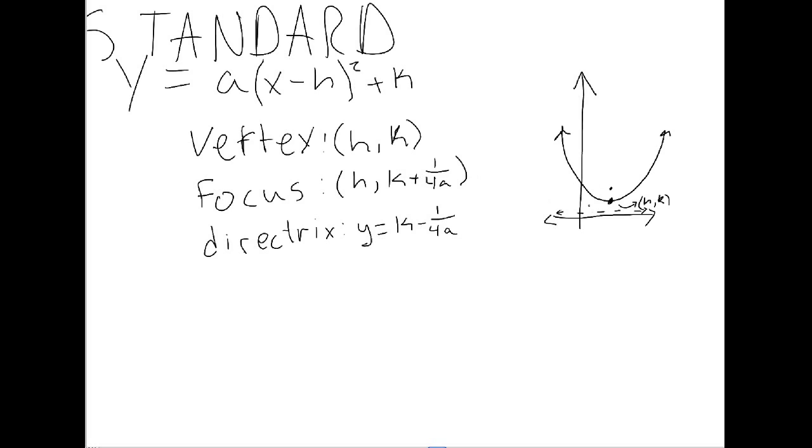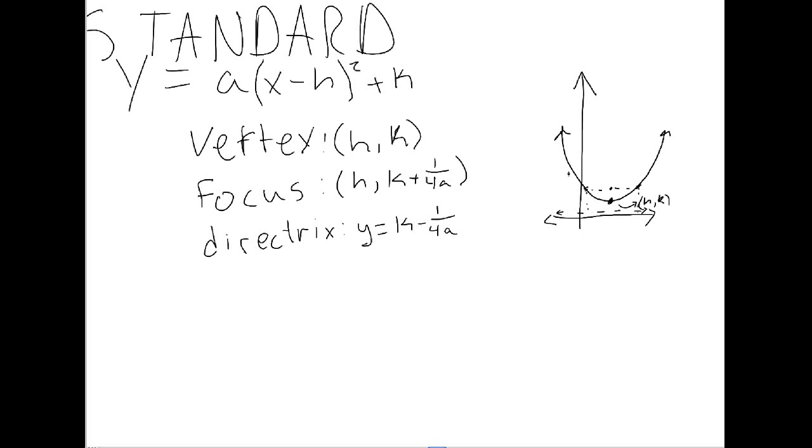Now, what are the directrix and the focus? Well, these points, this point here and this point here, are both the same distance from the focus, and they're also the same distance from the directrix. Okay?